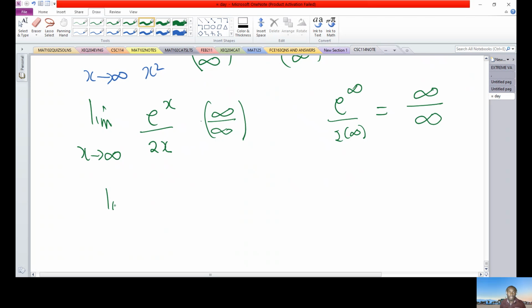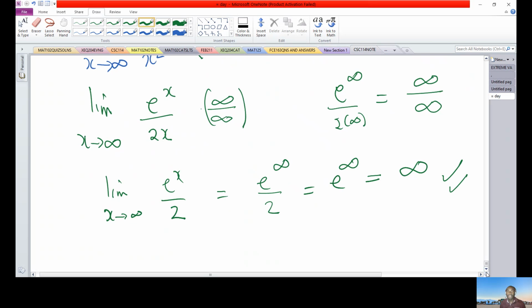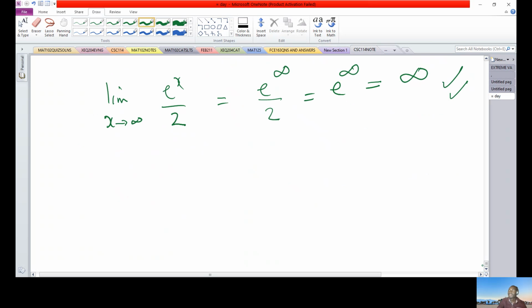So you differentiate again: e raised to the power x over 2. At this point, when you do direct substitution, we have e raised to the power infinity over 2, just the same as e raised to the power infinity, which is the same as infinity. So this becomes the solution. So the limit is just infinity.